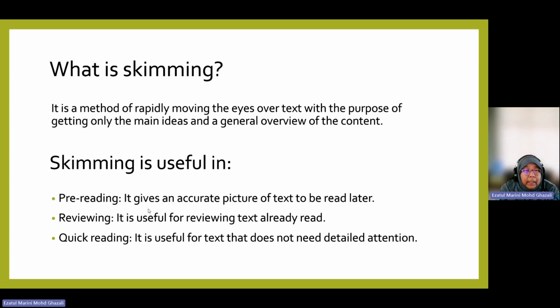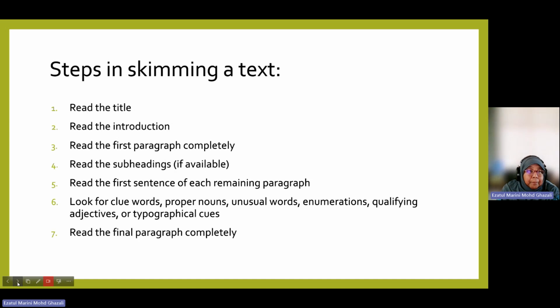And it is useful for quick reading, of course, because it is useful when you don't need detailed attention to the text. So skimming is actually speed reading. Okay. You read very quickly.